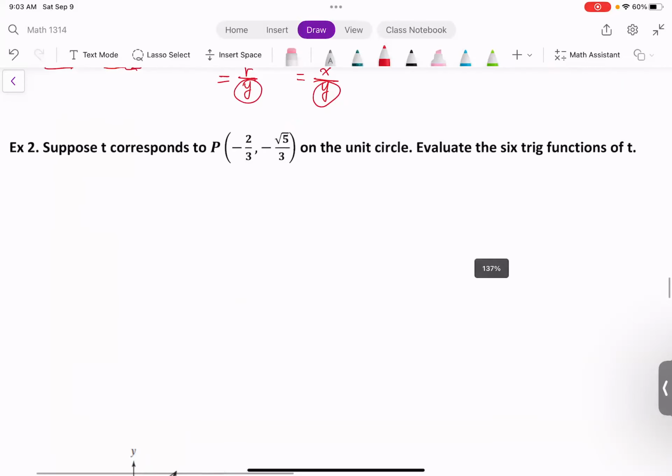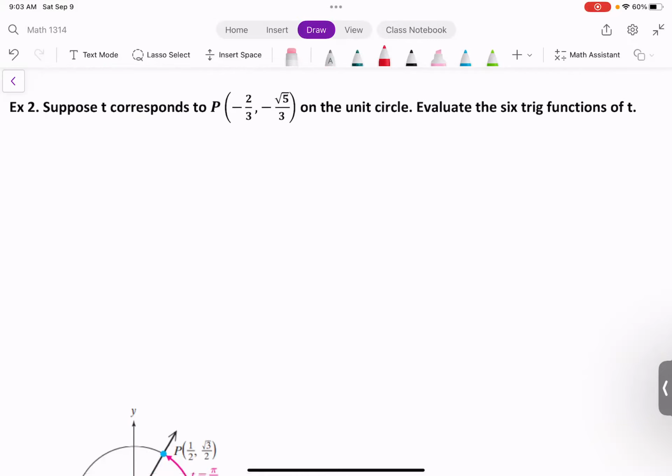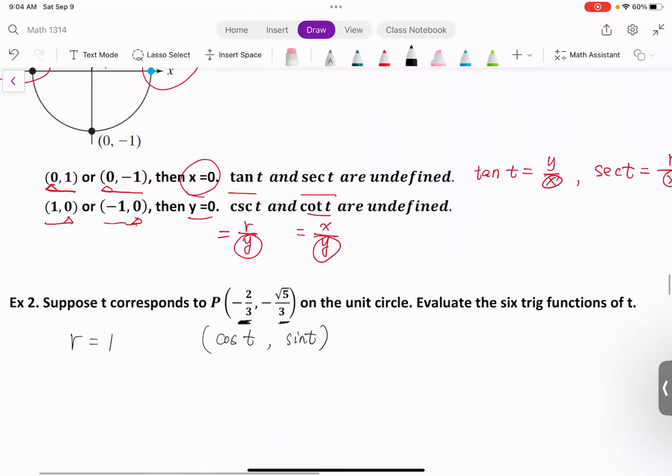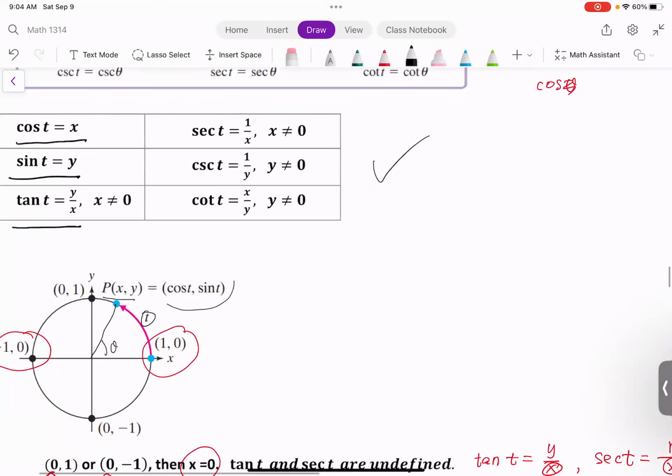Okay, let's see the first example. Example 2. Suppose t corresponds to the point P on the unit circle. Evaluate the 6 trig functions. The unit circle, radius r equals 1. The first coordinate represents cosine t, and the second coordinate represents sine t, because we did the conclusion here.